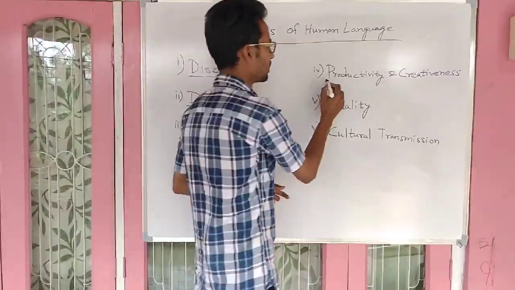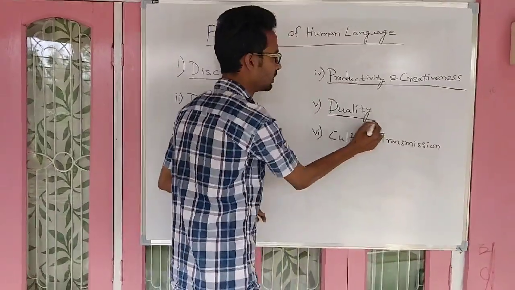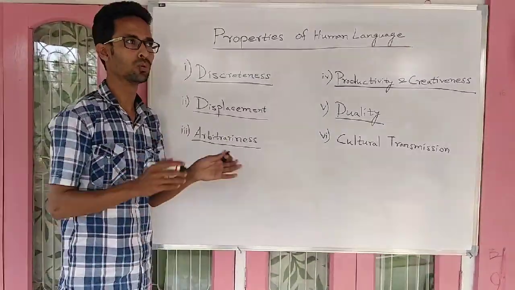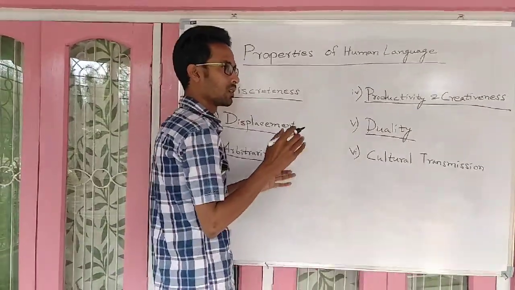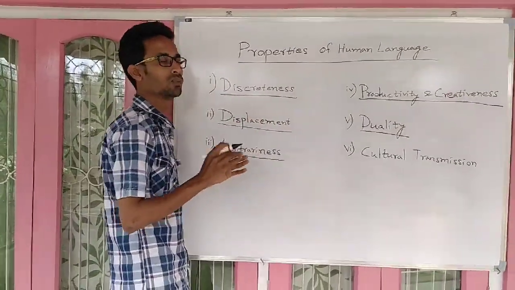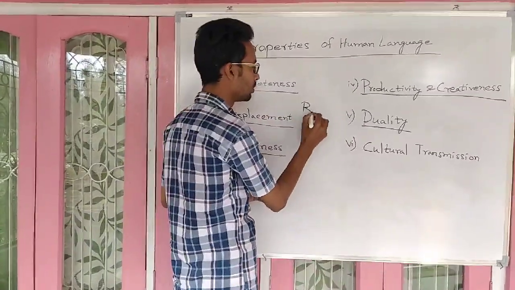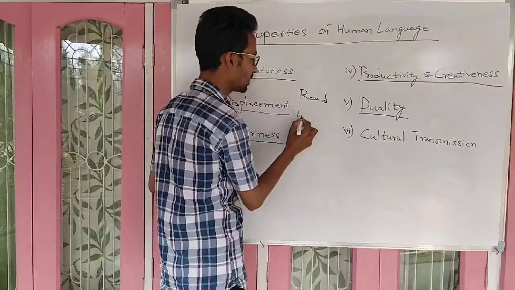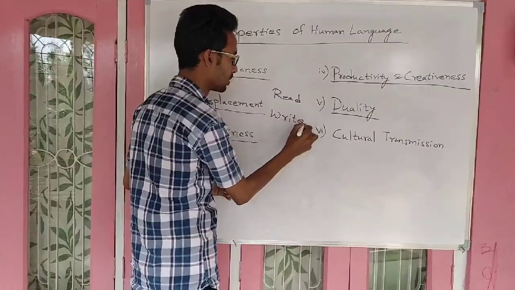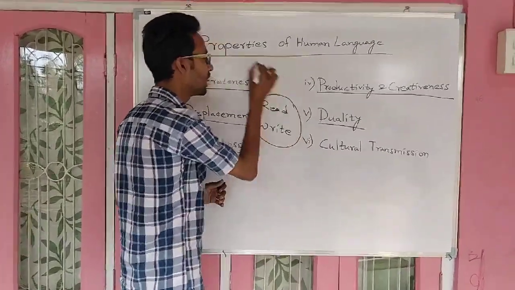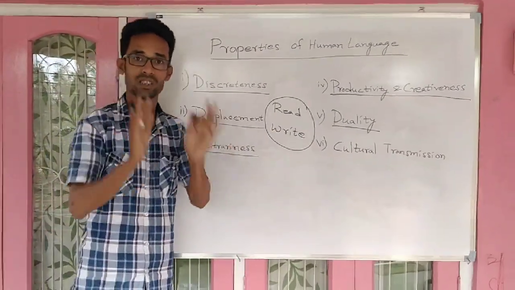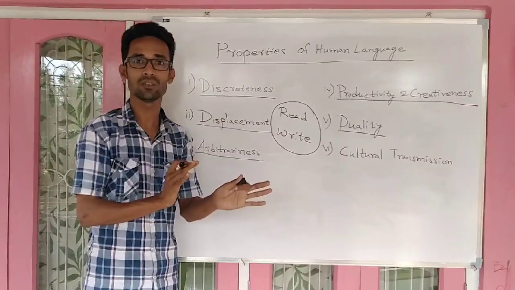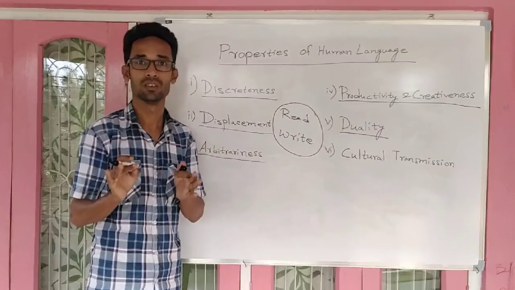Next, duality. What is duality? The property of human language which allows us to read and write. This is the duality property of human language which allows us to write the language and to read the language.